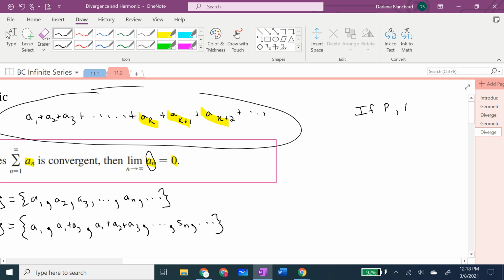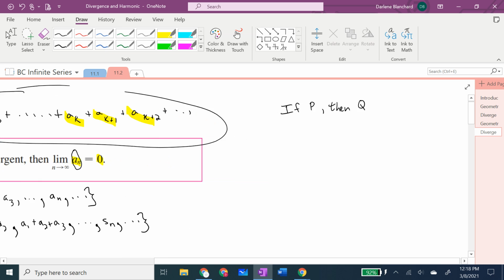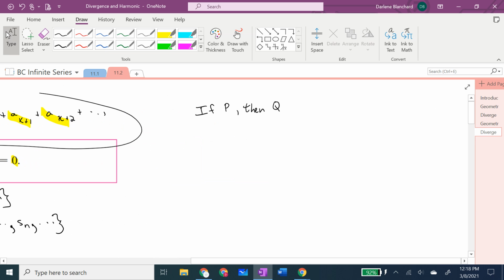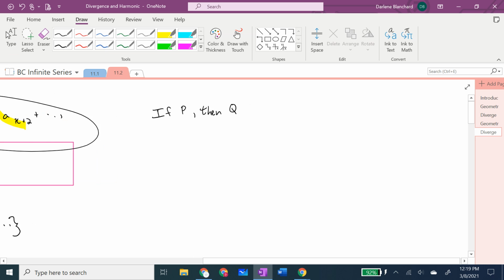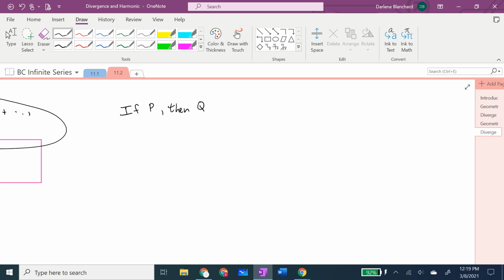So, are any of you familiar with logic statements, if P then Q? It's a fun little branch of math. I love it. Super, super fun. So if you're familiar with it, you might be familiar with a couple of words that I'm going to bring up. One of those words is converse.